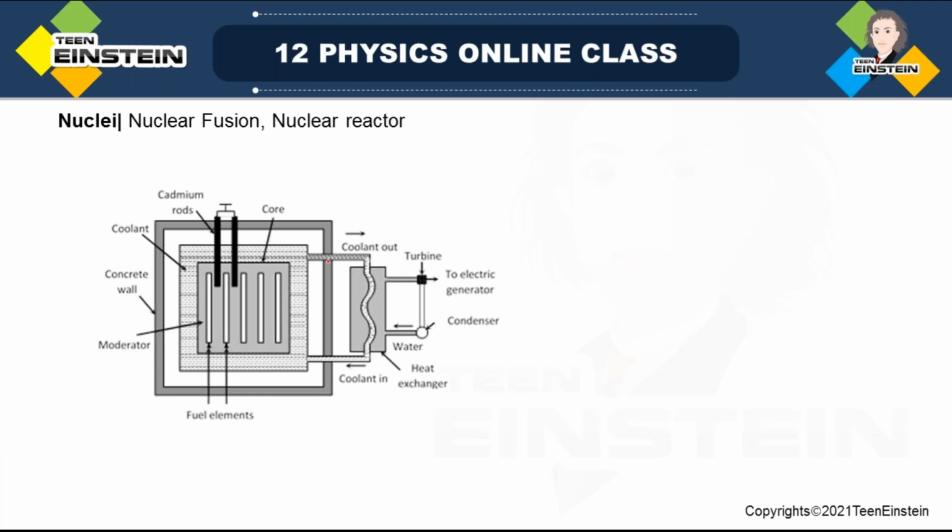This is a typical figure of a nuclear reactor, or you can say reactor core also. This nuclear reactor has different parts. One is the fuel, the nuclear fuel.